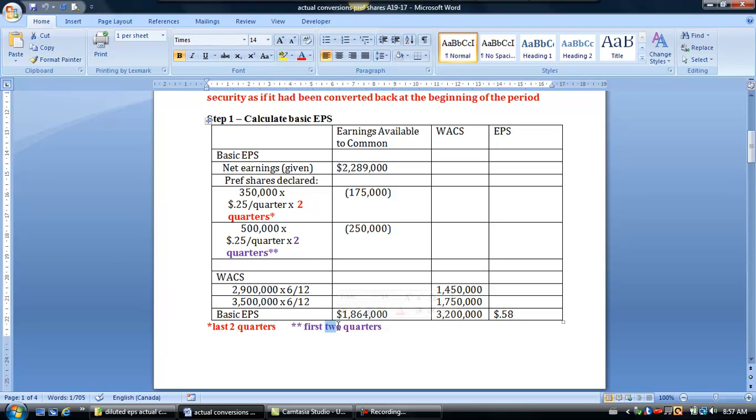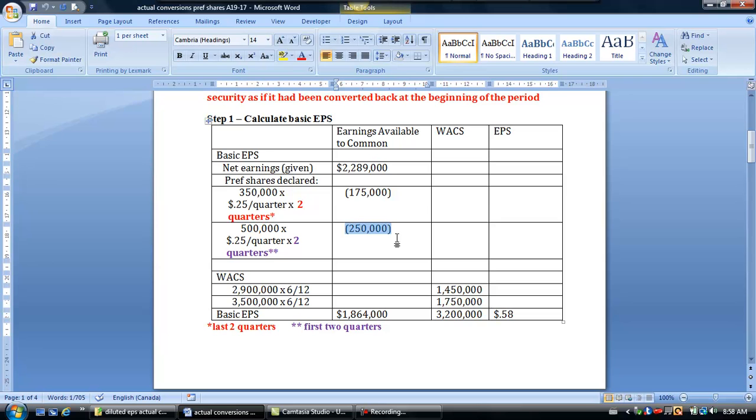So in other words, for the first 2 quarters of the year, you had 500,000 preferred shares outstanding. And by the end of the year, you only have 350,000 outstanding because you converted 150,000, right? So I have to look at how much my preferred shareholders were entitled to.